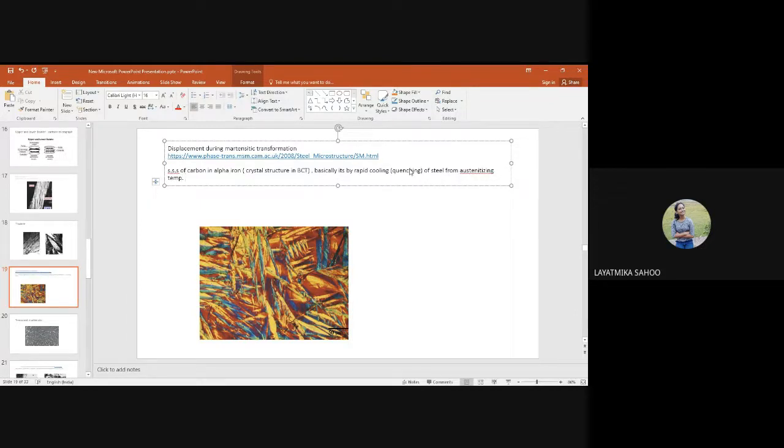But do you remember, if after quenching you get martensite, does it still have direct application?